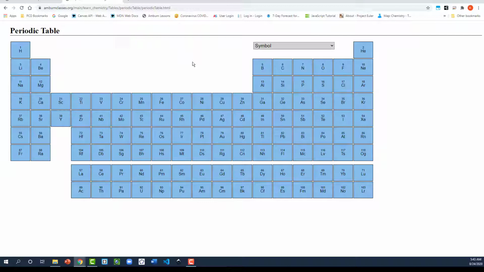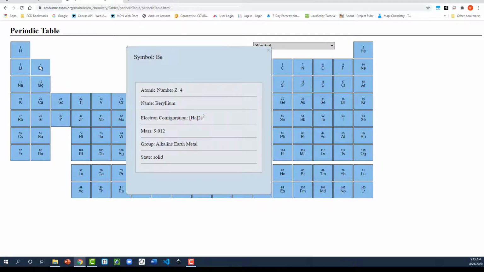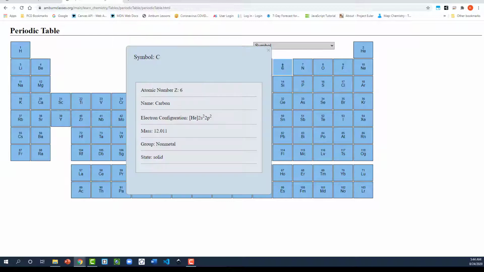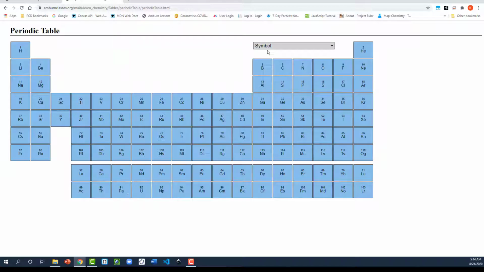There's a few that usually cause trouble, so let's kind of highlight those for a second. Beryllium always causes people trouble at the beginning because it has two L's and this Y, which is a little hard to keep track of. And there's a lot that start with C that seem to be hard to keep track of. C for carbon, people usually get that pretty well. But then they get confused when they see Cl.